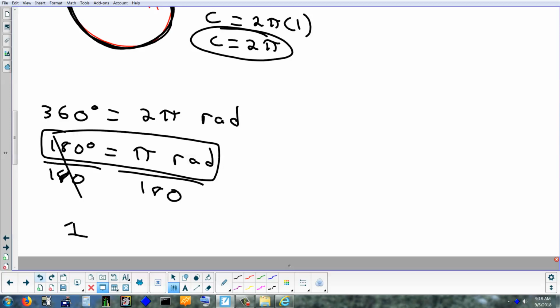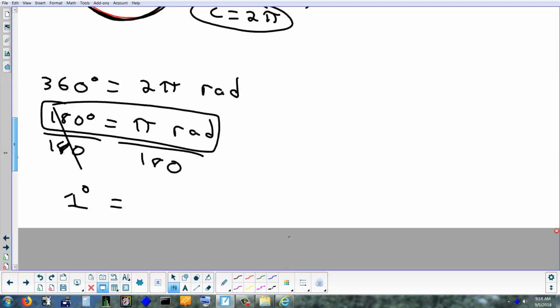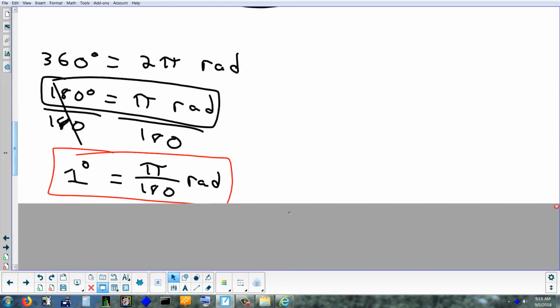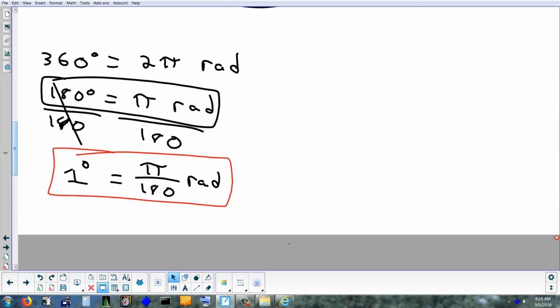But what's the unit that's still on the left-hand side? Degrees. That didn't cancel. The degree symbol is still sitting right there. So it's 1 degree equals pi over 180 radians. And that's a formula that will allow us to convert from degrees to radians.